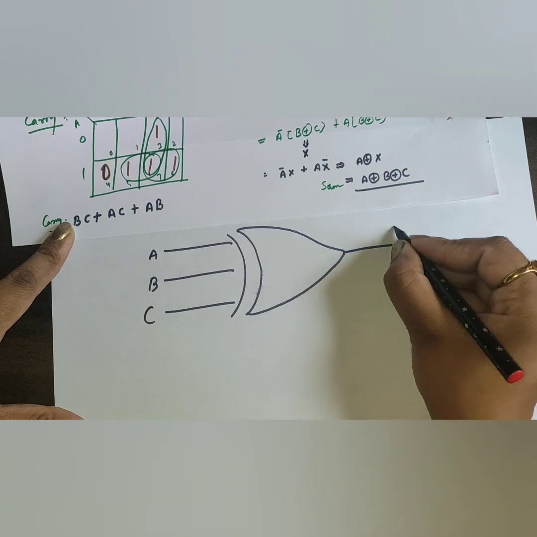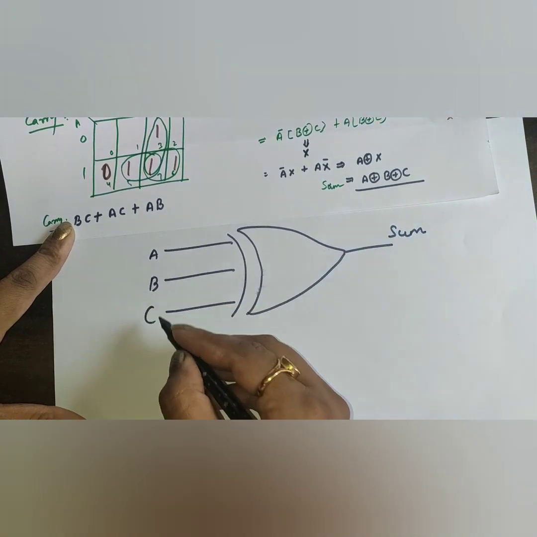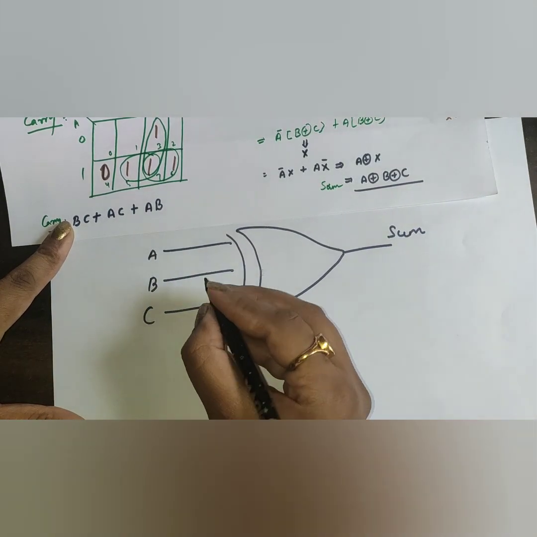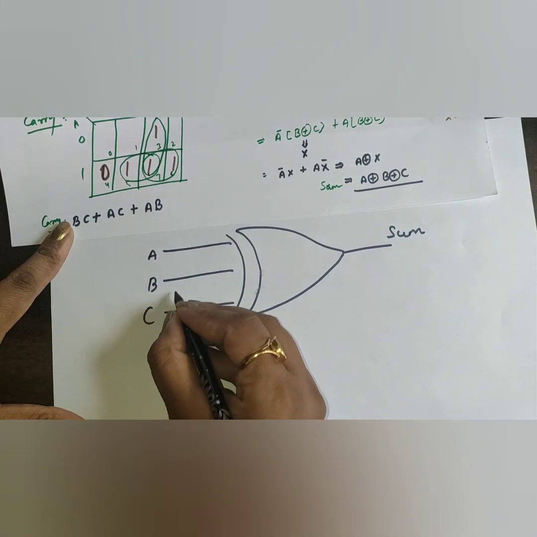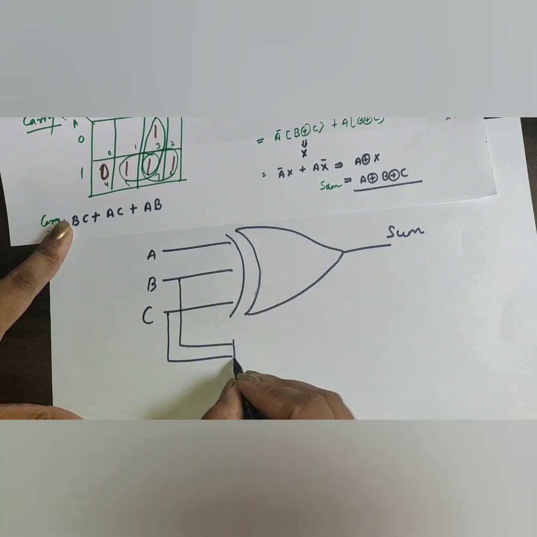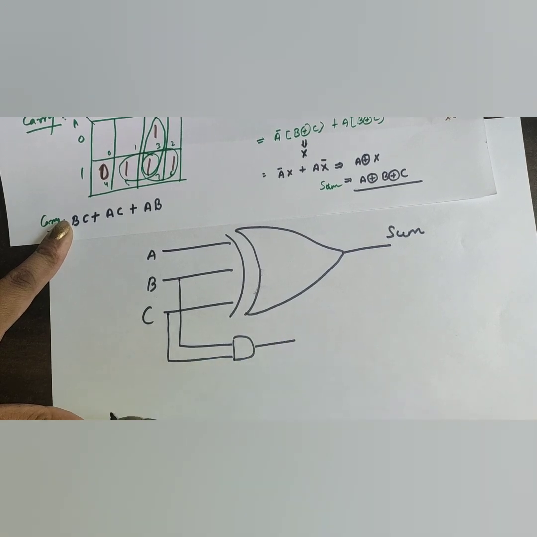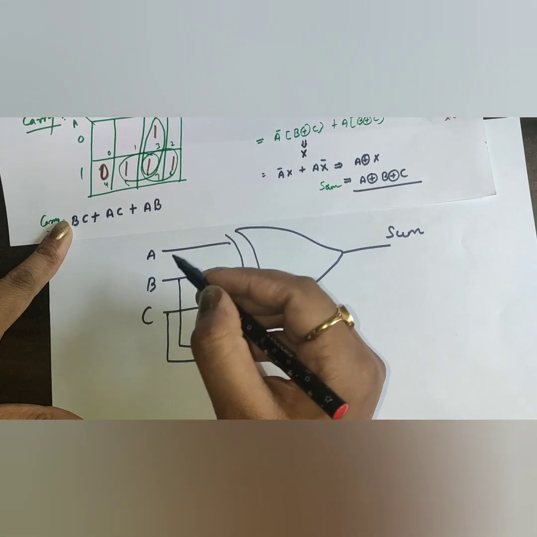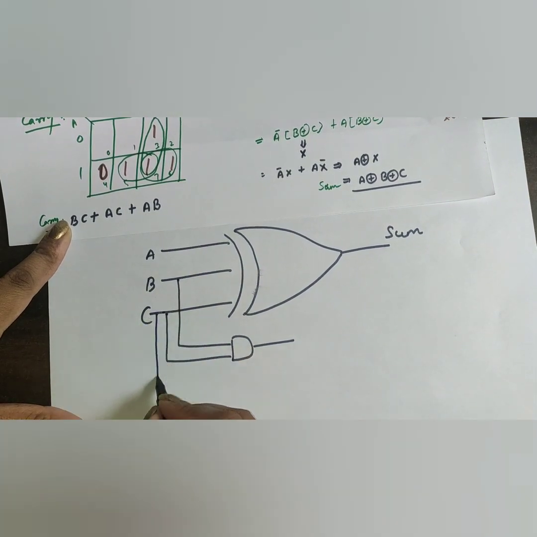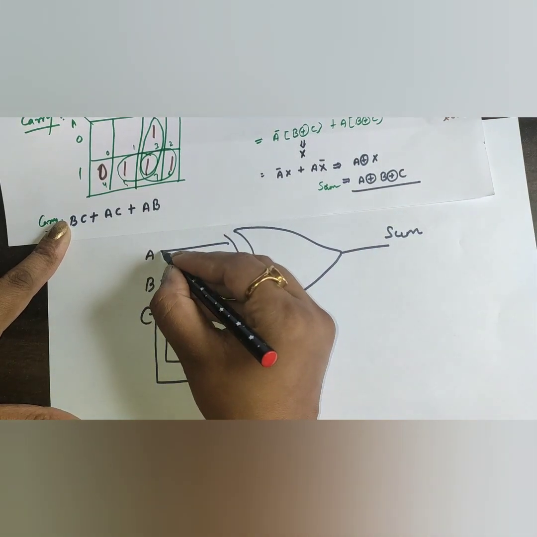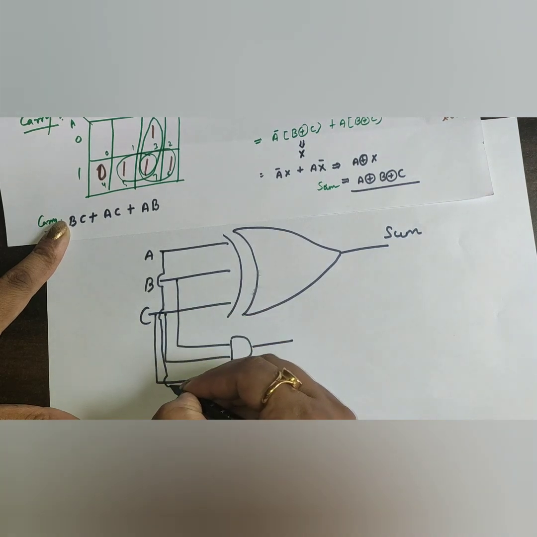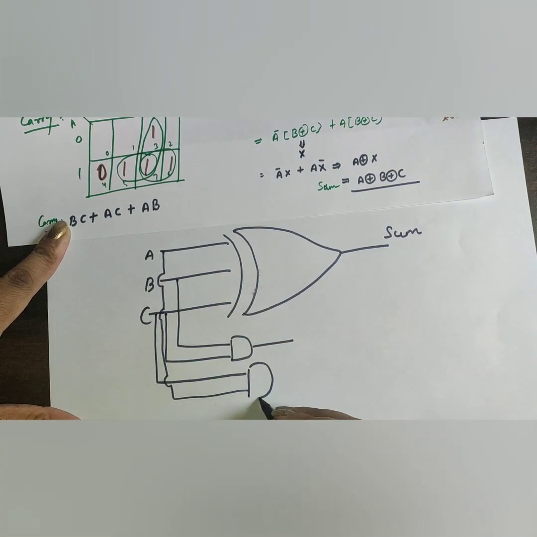This will be the sum, A XOR B XOR C. Now carry will be B and C, A and C, like AND gate.